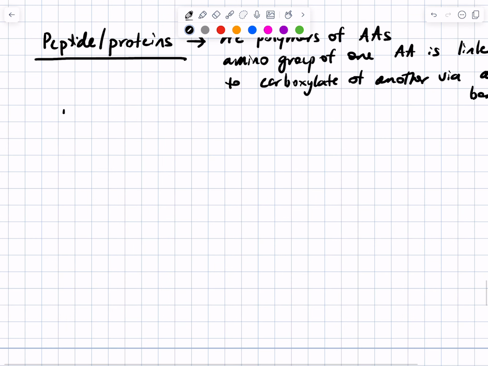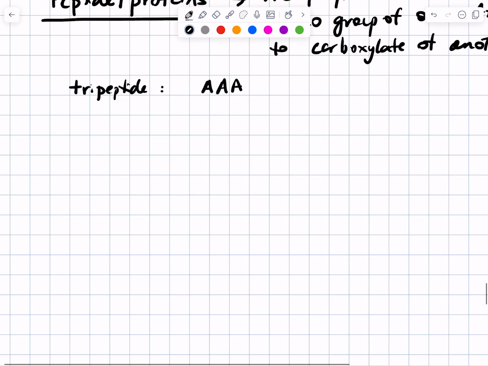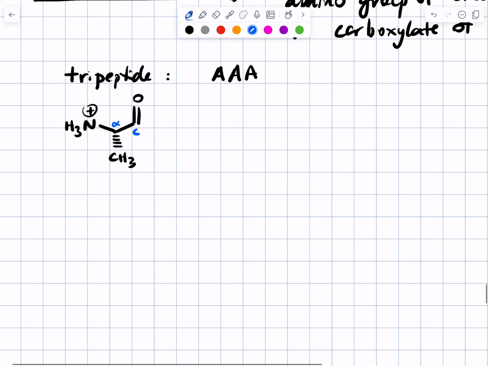So let me draw for you a tripeptide. The sequence of this tripeptide is A, A, A. That means I should have an alanine amino acid with a methyl group side chain. And then this is the carbonyl carbon of the first alanine. And it's going to be linked to the next one via an amide bond, which I'm going to draw in blue.